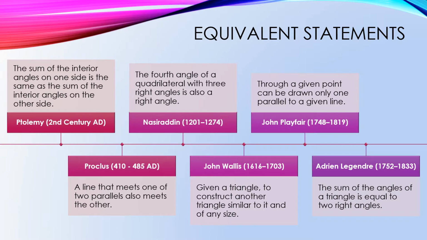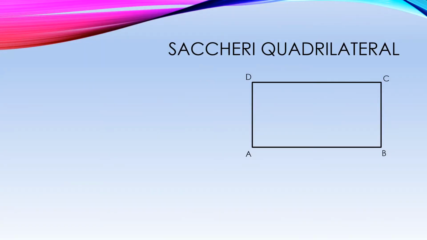Since all of these paths were not leading anywhere new, a few mathematicians decided to take a little different path. Giovanni Saccheri, for example, constructed what is known as the Saccheri quadrilateral. This quadrilateral has right angles at the base, at A and B, and equal legs, AD and BC.